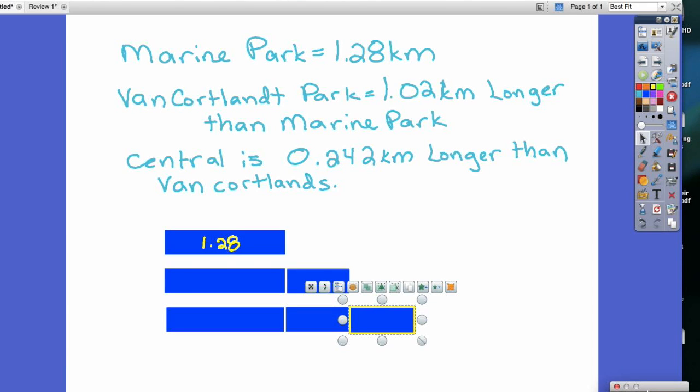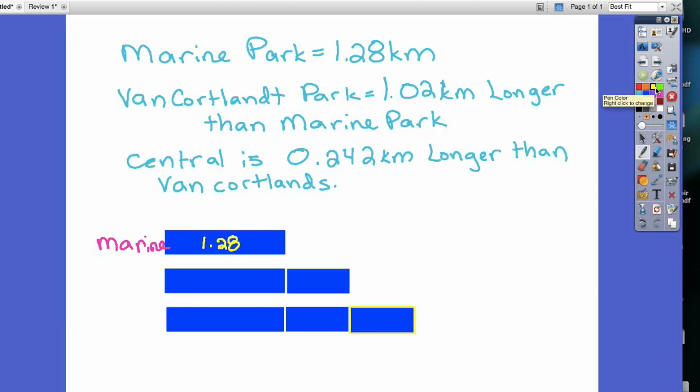So, one method we're going to learn about is called the tape method. We know that Marine Park is 1.28 kilometers. So this is Marine. And it says that Van Cortlandt Park is 1.200 kilometers longer than Marine Park.